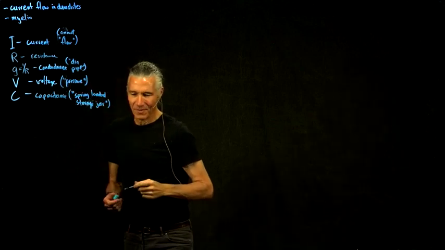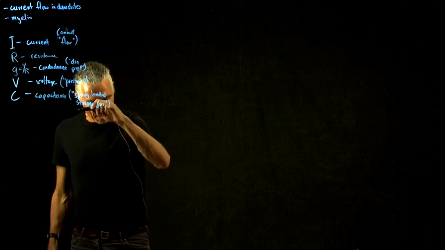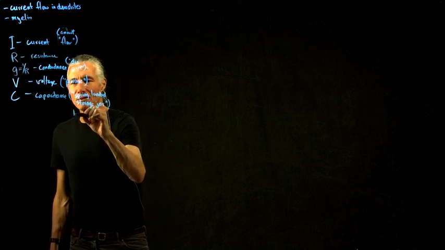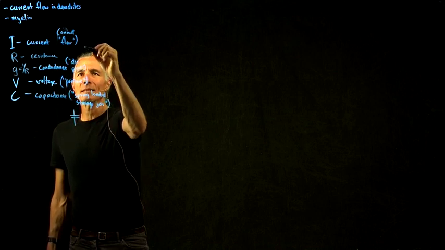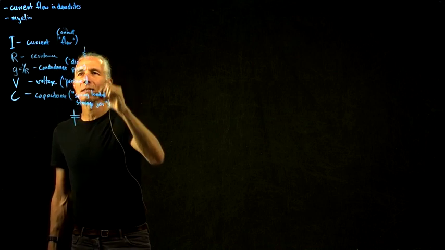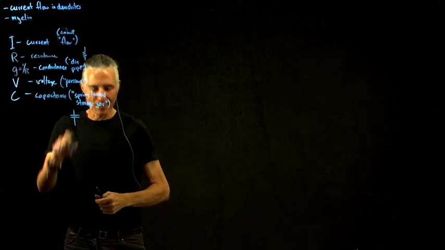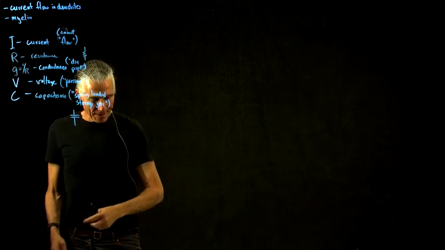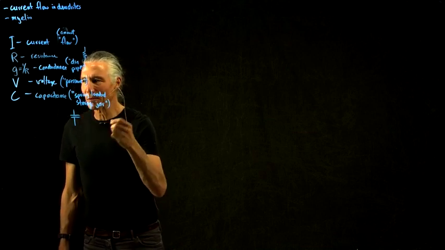Capacitance is usually drawn like this. Resistance is drawn like this. Capacitance is drawn like a little break in the circuit. How does it behave physically?